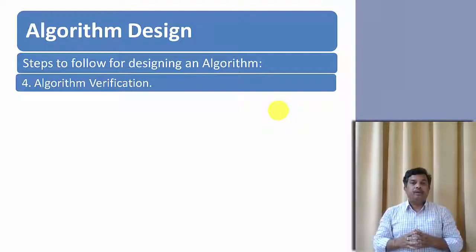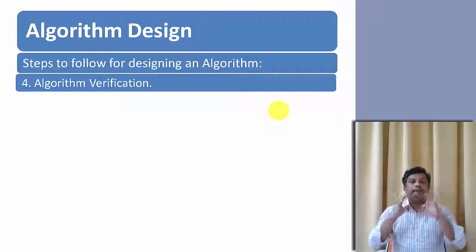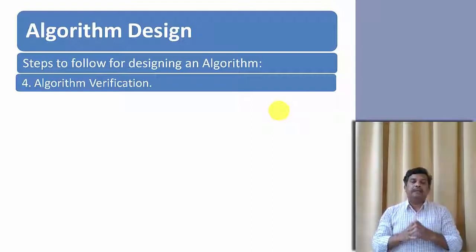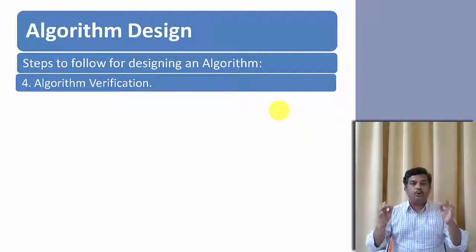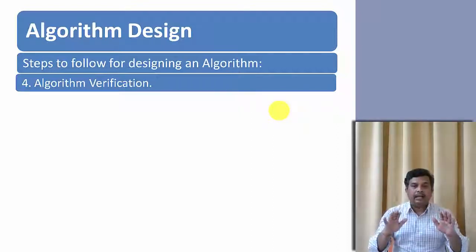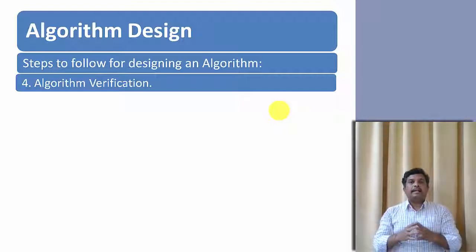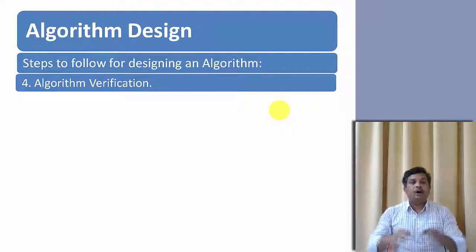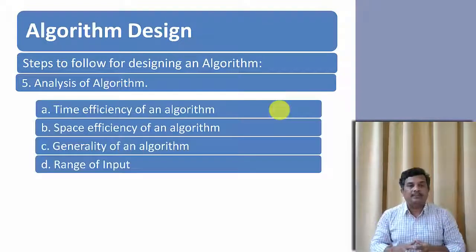A common method of proving correctness of an algorithm is by using mathematical induction. But to show the algorithm does not work correctly, we have to show that at least one instance of the valid input gives a wrong result.